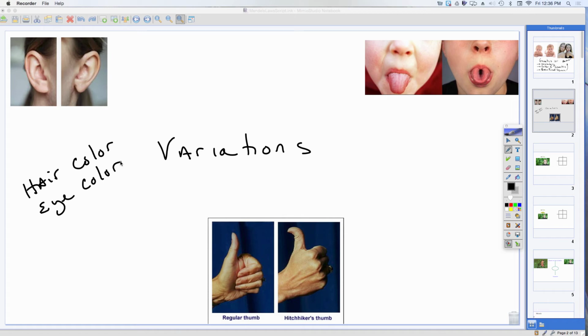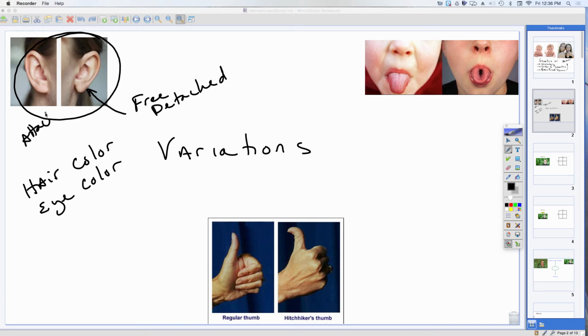And in my graphic here, I'm sharing with you three variations that we often see in people. For instance, some people have what are referred to as free or detached earlobes, while others have attached earlobes. In contrast, believe it or not, some of you who cannot roll your tongue may not know that others can roll their tongue.